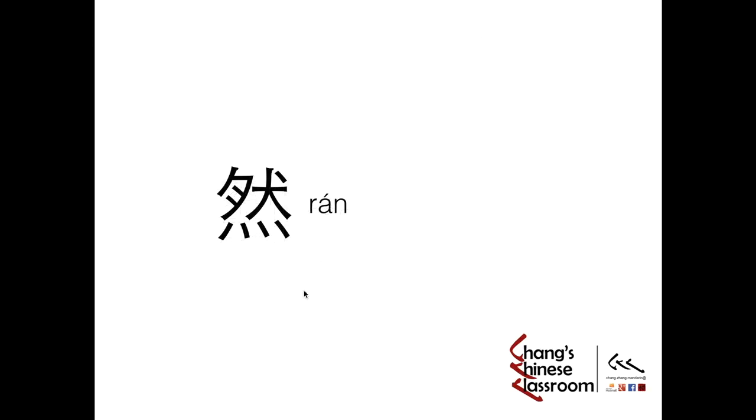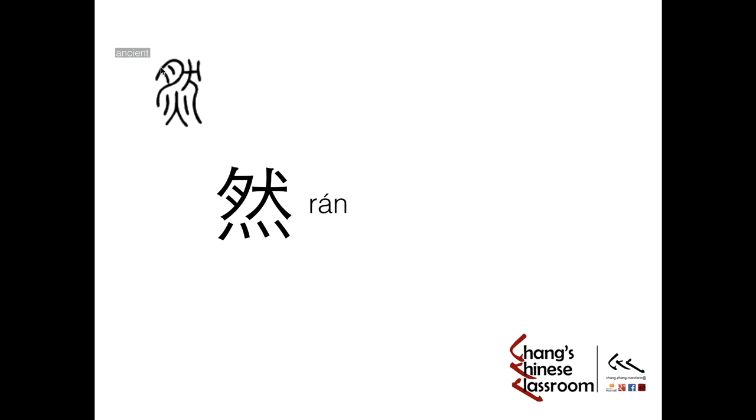Next one, 然. You're gonna love this character. This is the ancient picture. This part I mentioned in the past, that's the character for 月, the moon, and also represents a picture of meat in ancient times.